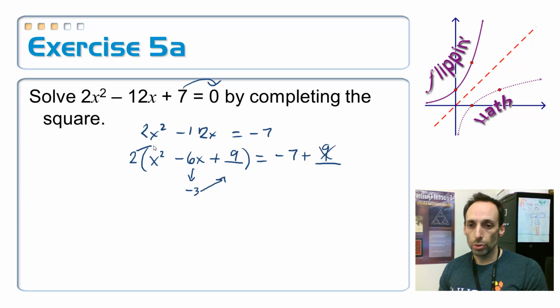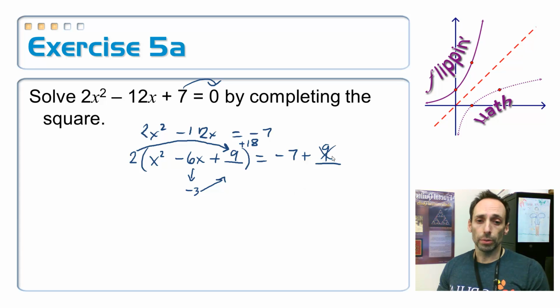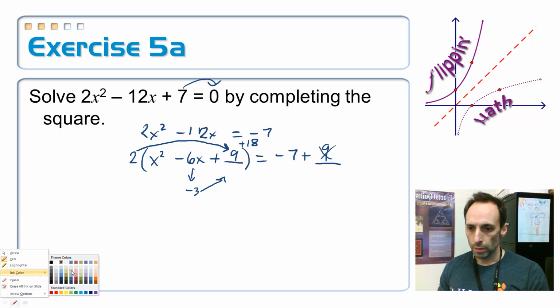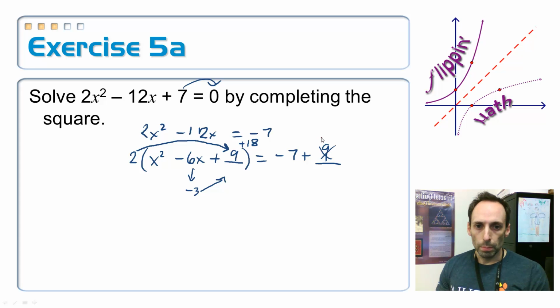You added 2 times everything in these parentheses, which means 2 times 9. You actually added 18. And that's the tricky part. So you don't add 9 to the right side. We're going to be adding 18. Let me just go ahead and write that in a different color. There we go. Plus 18 from this plus 18.